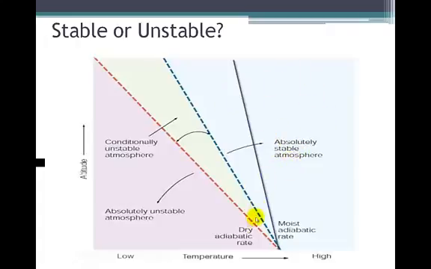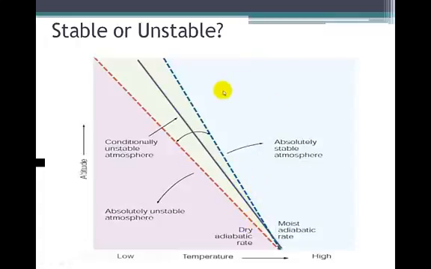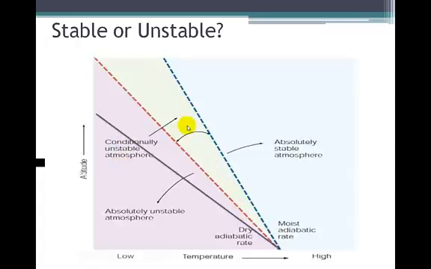So if this is our environmental lapse rate over on this side, we have an absolutely stable atmosphere. If the environmental lapse rate falls between the two, then we have a conditionally unstable atmosphere. And if the environmental lapse rate falls over on this side in the pink zone, we have an absolutely unstable atmosphere.